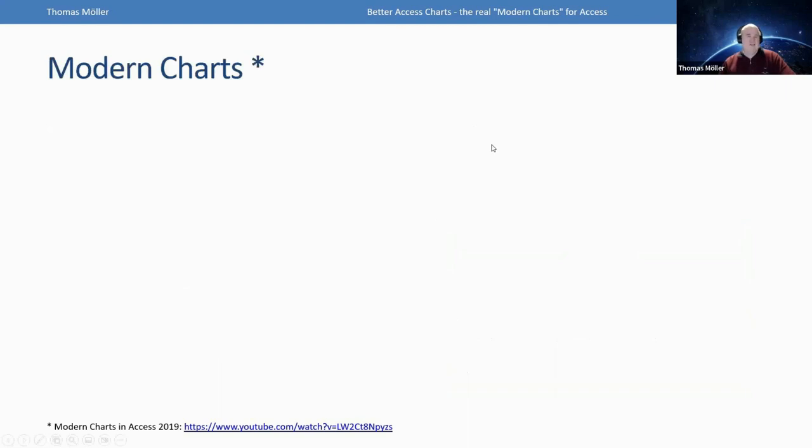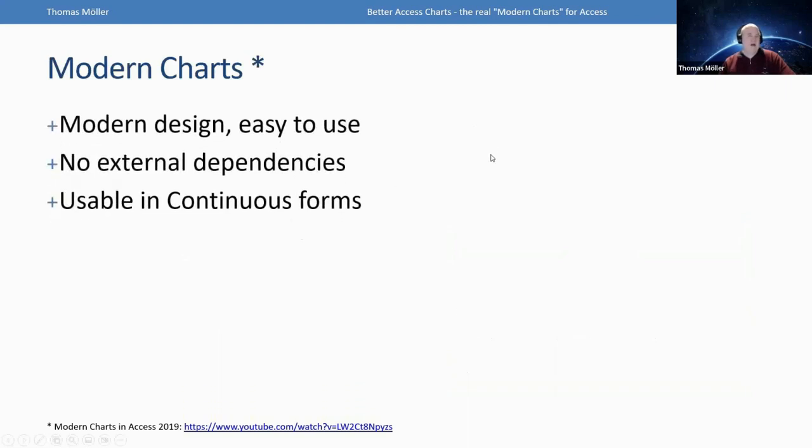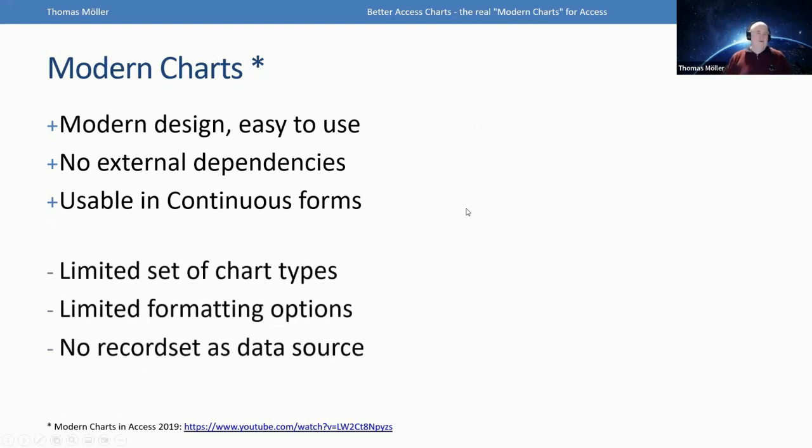The modern chart. We have a modern design, yes, and it's easier to use. We have no external dependencies because they are directly baked into Access, and they can be used in continuous forms. Okay, and the downside, yes, we have only a limited set of chart types.